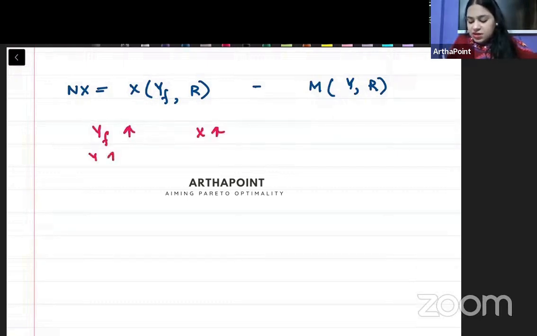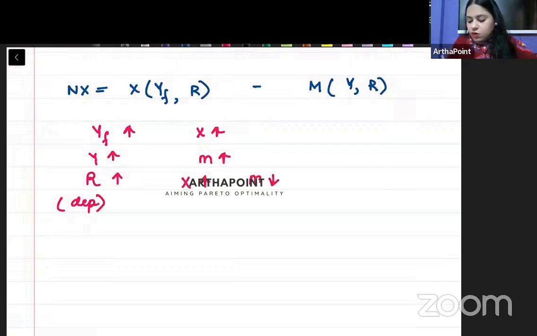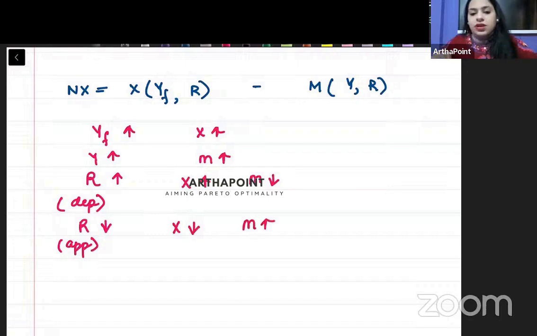When domestic income increases, imports will increase. And when the exchange rate increases, that means there is depreciation of the exchange rate, exports will increase and imports will fall. When the exchange rate falls, that means appreciation, exports will decrease and imports will increase. ये बात हमने करी थी, इतनी बात हमने कर ली थी.